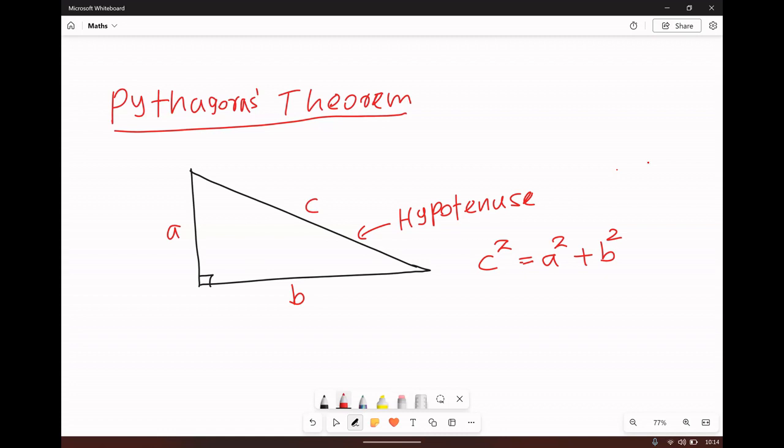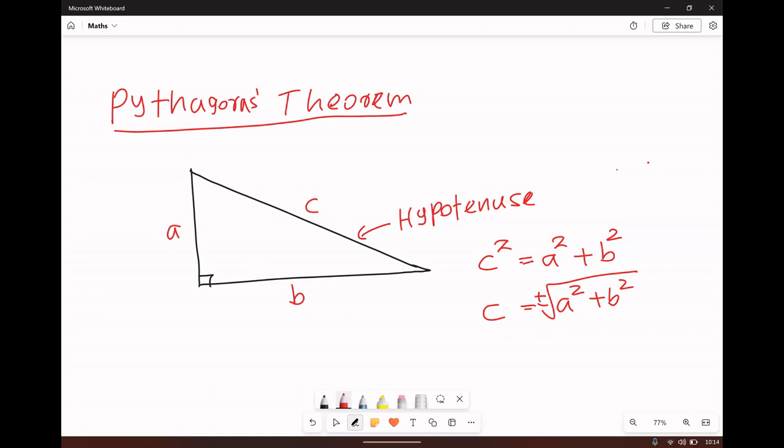For example, if we want to calculate the length of c by knowing the other two sides, we could say c is equal to the square root of a squared plus b squared. Obviously, we have to put plus or minus here, but since it's a length, we could say it is simply the positive component only. So, c is equal to the square root of a squared plus b squared.